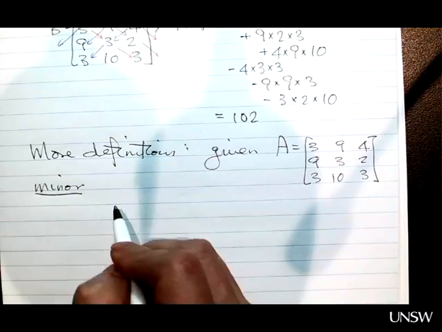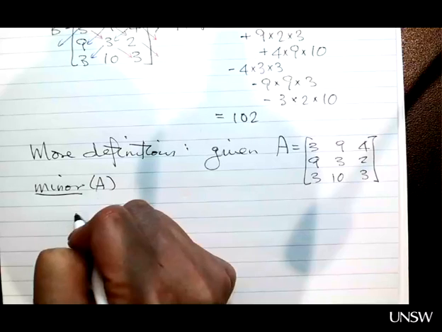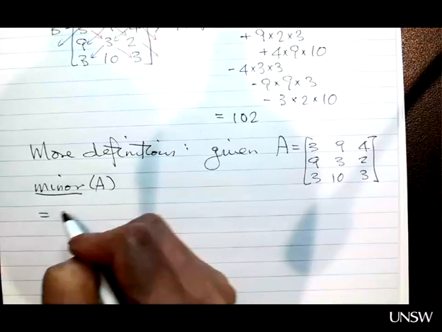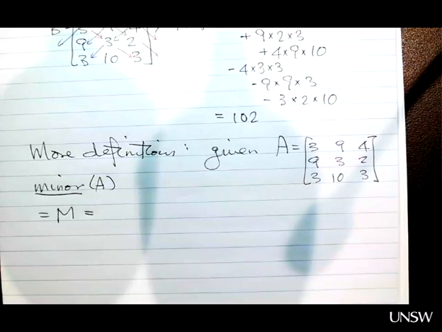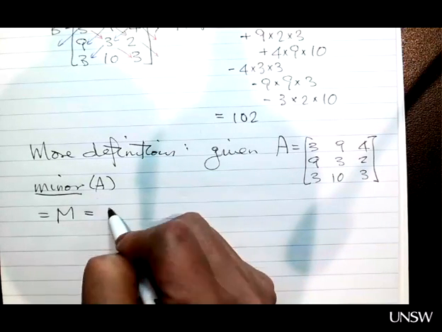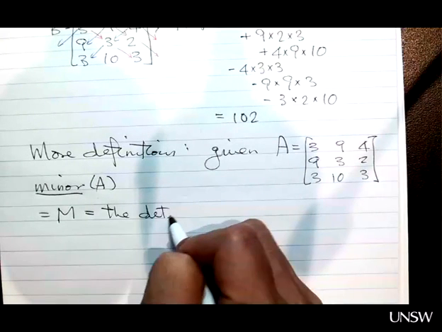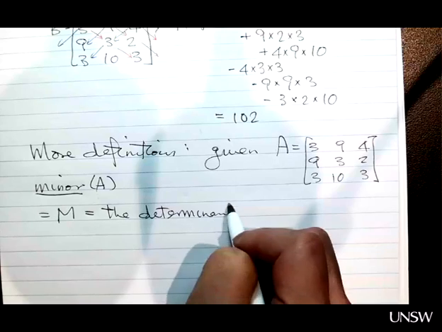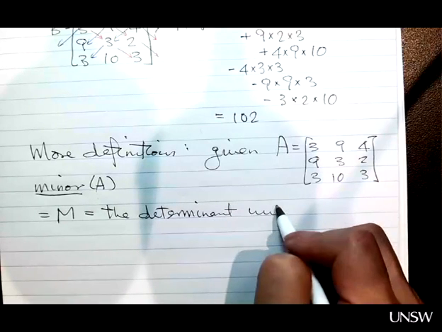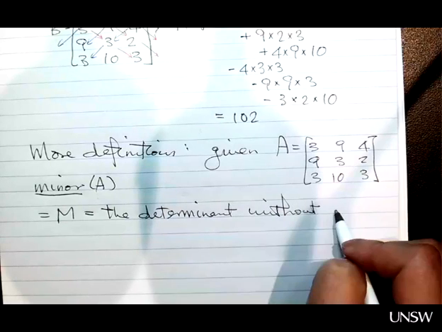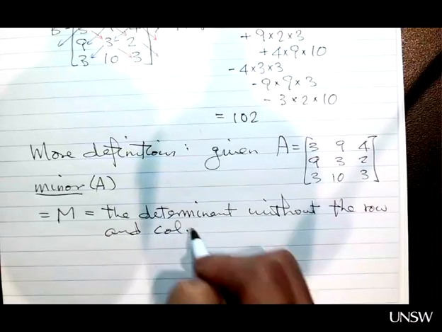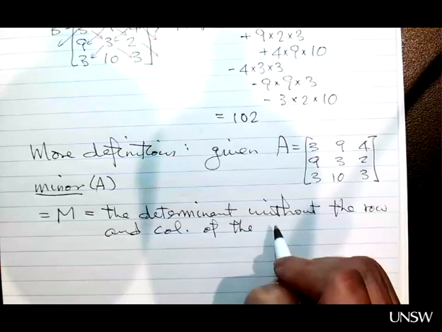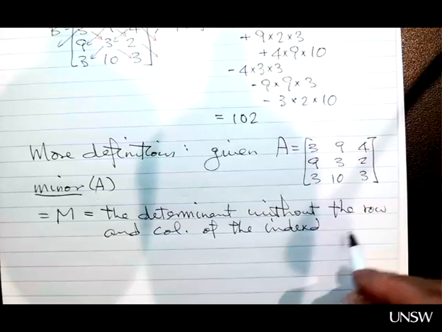The minor matrix of A, for which we use the symbol M, is the determinant without the row and column of the indexed element.